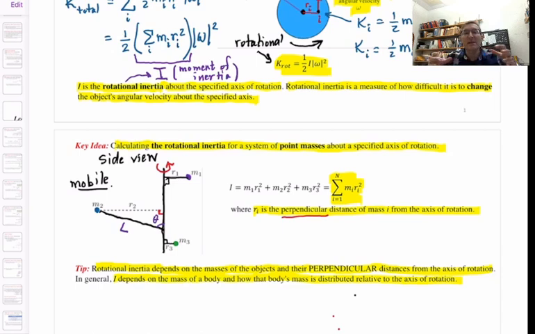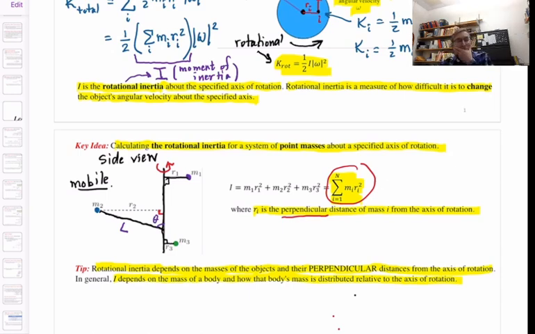The more mass there is farther away from the axis, the larger the rotational inertia, because when the mass is farther away from the axis, it's harder to change the angular velocity of something like that. Okay, so the first thing you need to be able to do is that if we give you a system comprised of just point masses, little spheres, use this formula right here correctly to calculate the rotational inertia of the object.